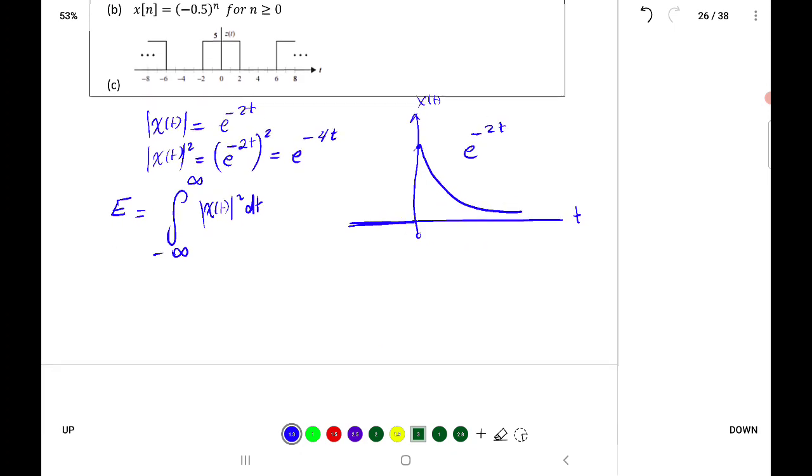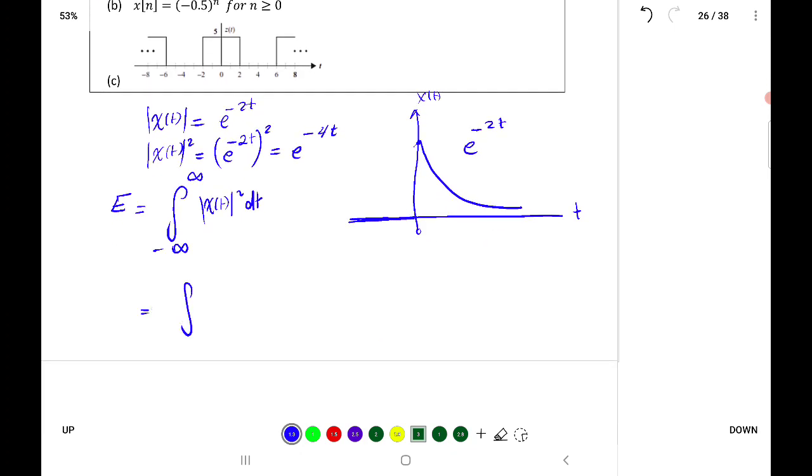But it's not defined from -infinity, it's defined from 0. So I'll say from 0 to infinity, and x squared is e to the power of -4t dt.